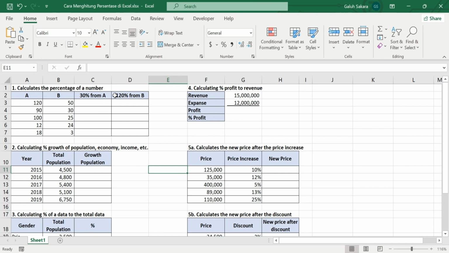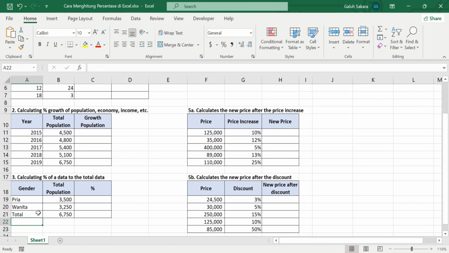Okay, let's go straight to the tutorial on how to calculate the percentage formula in Microsoft Excel. Here are 5 data. Firstly, calculating the percentage of a number. Number 2, calculating percentage growth of population, economy, income, etc. from the previous period. Number 3, calculating percentage of data to the total data.